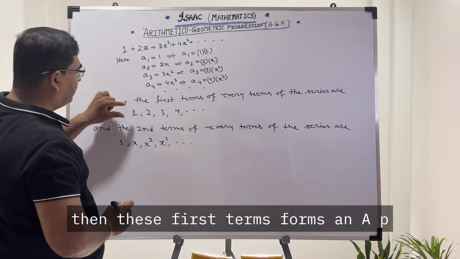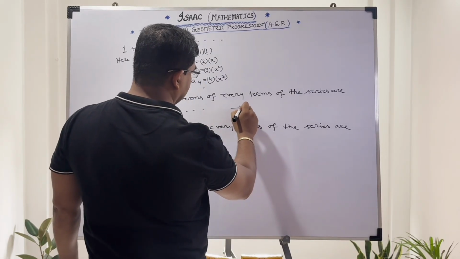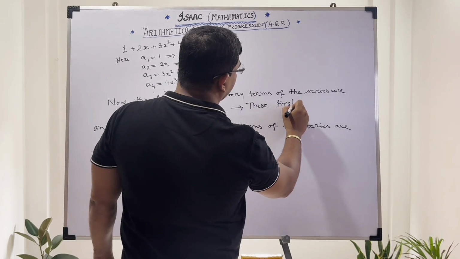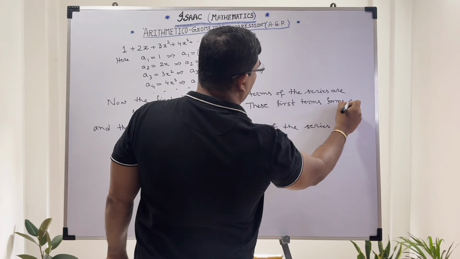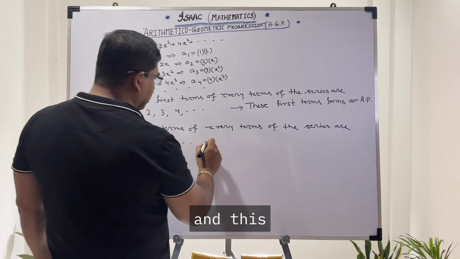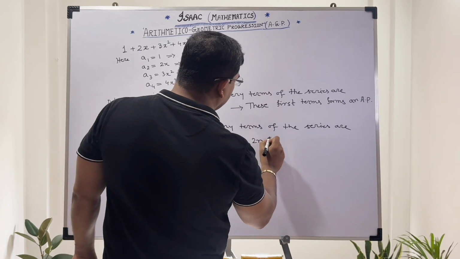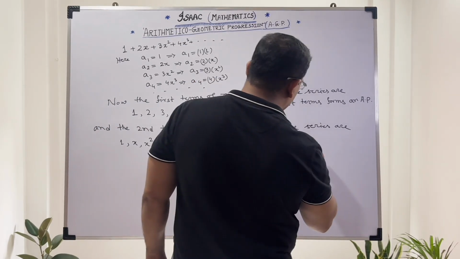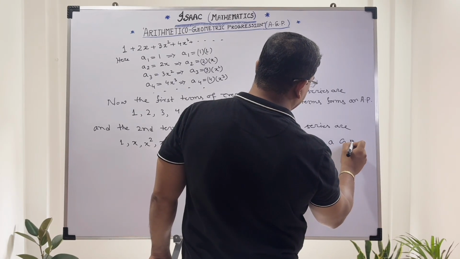Then these first terms form an AP, and these second terms form a GP.